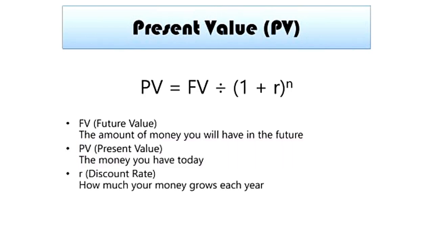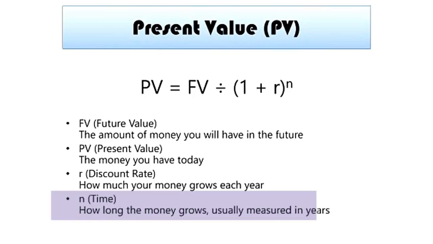R is for the discount rate. Notice also that here it's the discount rate. For the FV computation, it is interest rate because you're going forward. This one, you're trying to go backwards, and that's why it's called the discount rate. And N is for time, how long the money grows, usually measured in years.